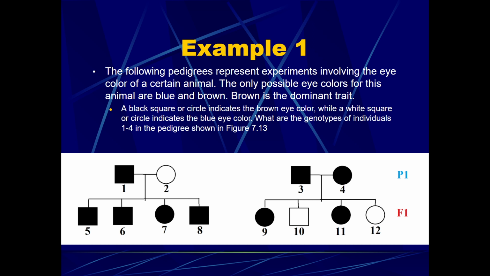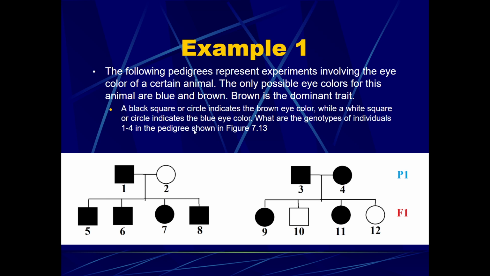So if we color in the shape, that means we're showing the dominant trait in that individual. A white square or circle indicates the blue eye color. So all the not colored in shapes are going to show the recessive trait. We want to know what are the genotypes of individuals 1-4 in the pedigree shown below. It's also figure 7.13 in your book. So let's find them.